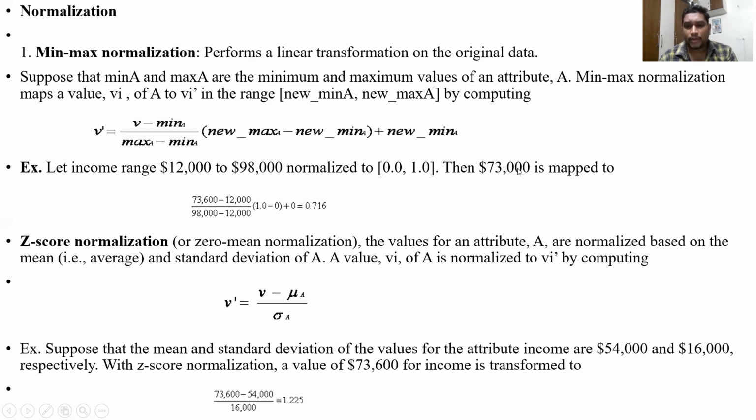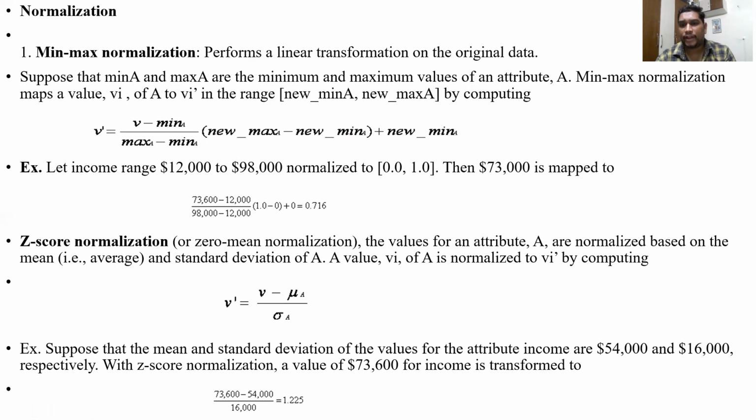Now you have to normalize this 73,000 into the range 0.0 to 1.0, so that all the values are transformed, whether a value has a few digits, or is 1,000, or 1 lakh, with different numbers of positions.